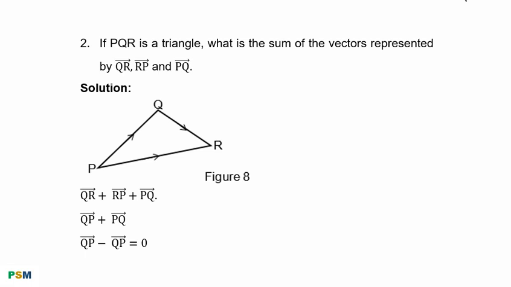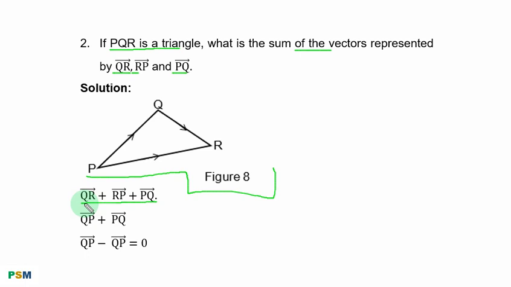Example 2. If PQR is a triangle, what is the sum of the vectors represented by vector QR, vector RP, and vector PQ? Solution. Figure 8 is triangle PQR. Then you add the 3 given vectors.